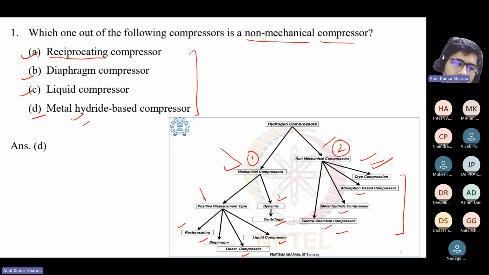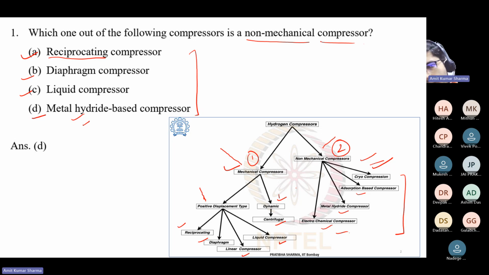You have a piston, and you are moving that piston to compress the gas. What is happening in diaphragm? You have a diaphragm and you are moving the diaphragm. What is happening in the linear compressor? You still have the piston, but you are now moving that piston using some kind of motor and springs.